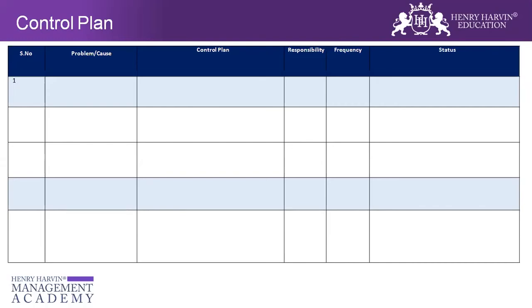One question here. So technically in the problem cause column, when we were doing all those different charts, the extreme, the special causes or the values that we need to look into, will those come into this kind of a report, and then we see how we are controlling it, and finally what is the status after we have controlled it or adhered to that? Is it so? So what she's asking is whether the control plan is to be prepared after preparing the control charts, or should we start it as soon as we enter the control phase?